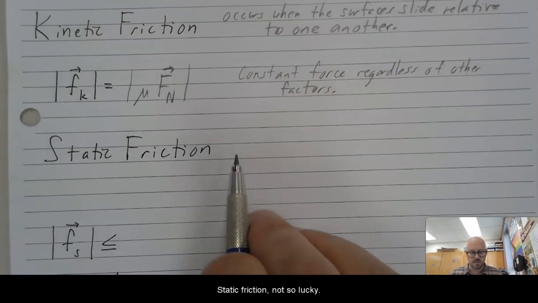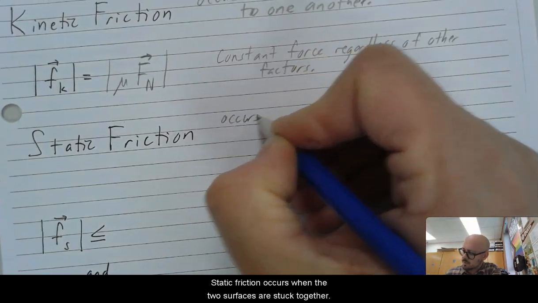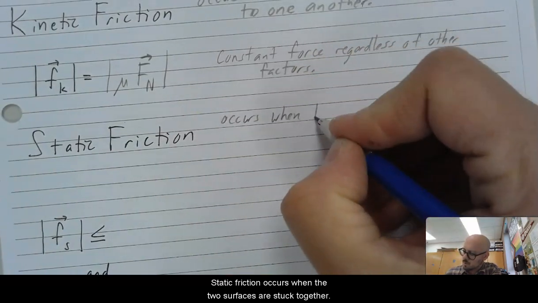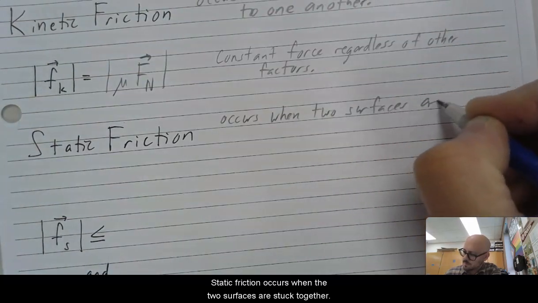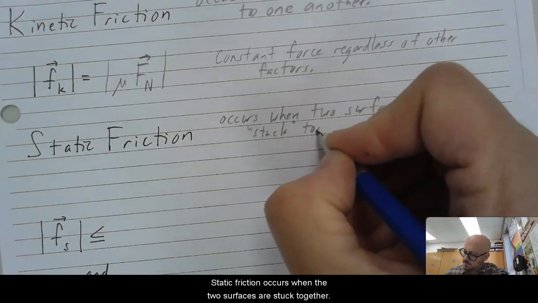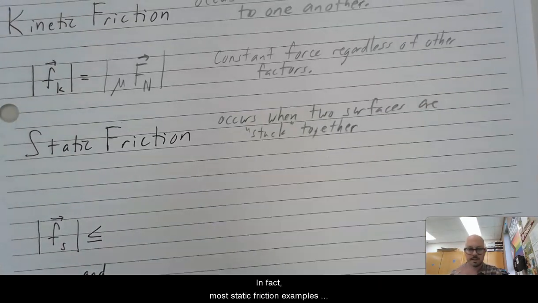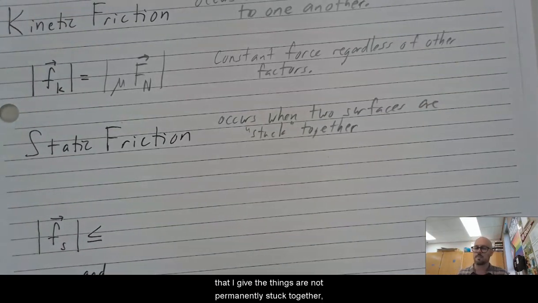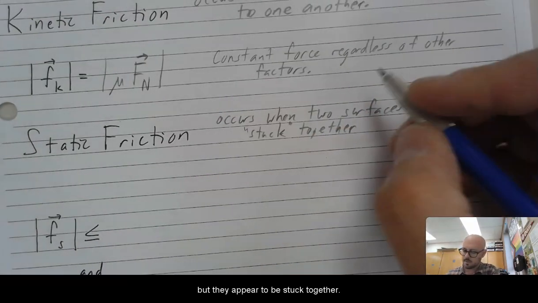Static friction, not so lucky. Static friction occurs when the two surfaces are stuck together. They don't actually have to be stuck. In fact, in most static friction examples that I give, the things are not permanently stuck together, but they appear to be stuck together.